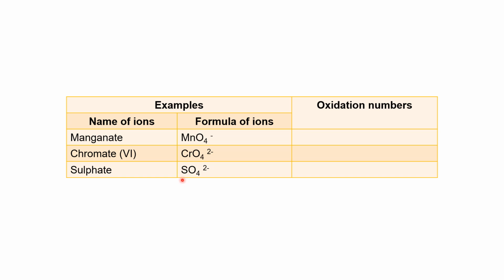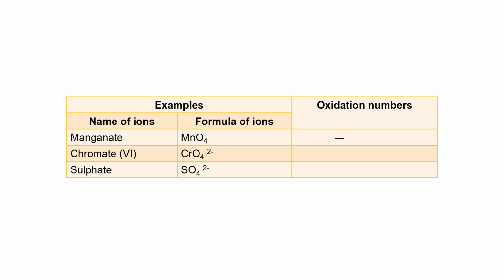For the sulfate ion, the formula is SO4 2-. The sulfate ion consists of 1 sulfur and 4 atoms of oxygen with the charge 2- at the top. So the oxidation number for the manganate ion is negative 1.